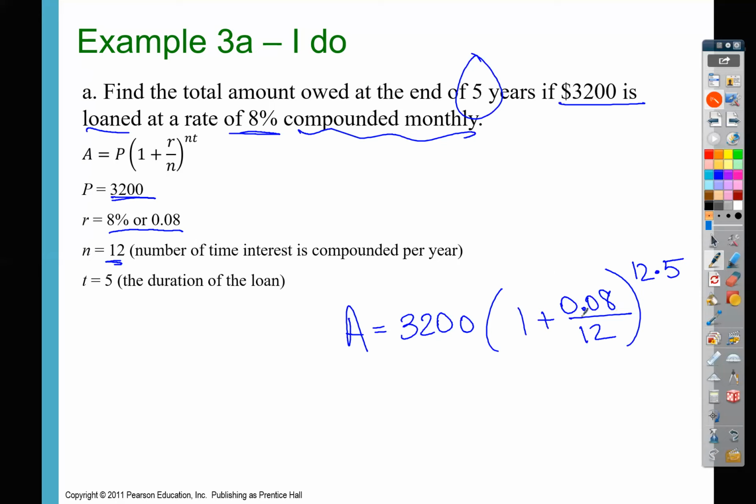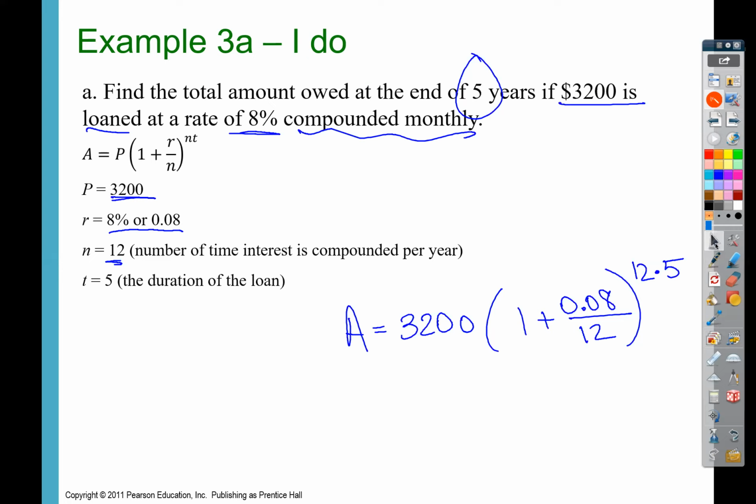Now, I would suggest putting 1 plus 0.08 divided by 12 in your calculator and hitting enter, and then raising that to 60, because 12 times 5 is 60, and then whatever you get, multiply that by 3,200, okay? That is the order that I would do that. And when you do, you should get $4,767.51. I would suggest that you try that on your calculator now so that you can make sure you can get it. So you can pause the video if you want and try it out on your calculator.